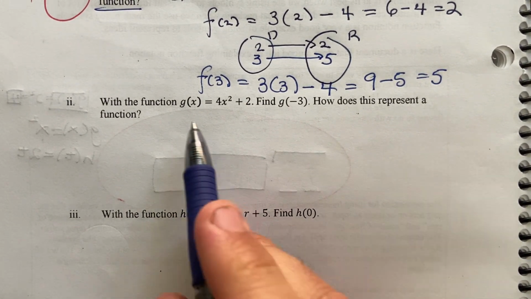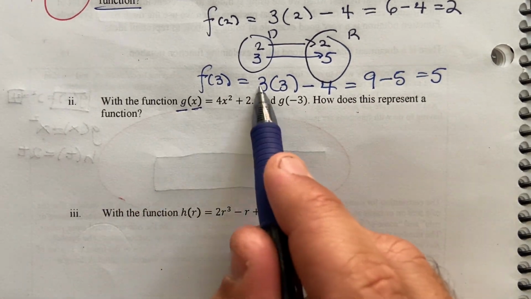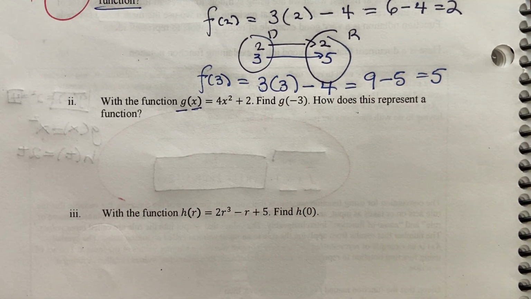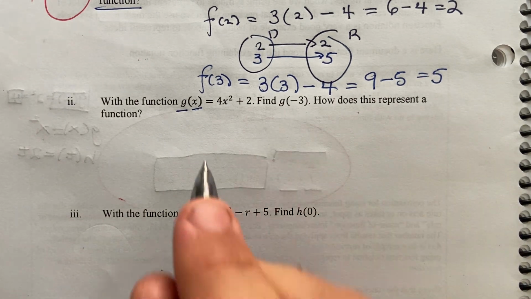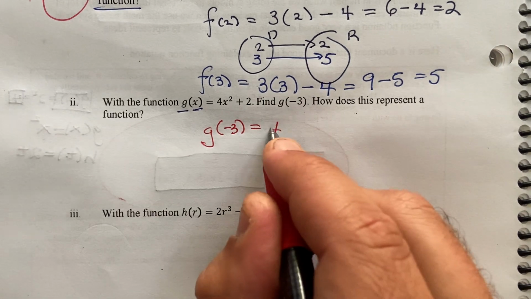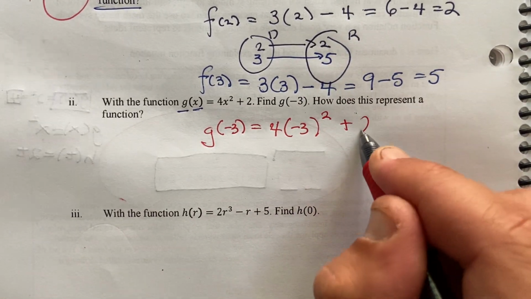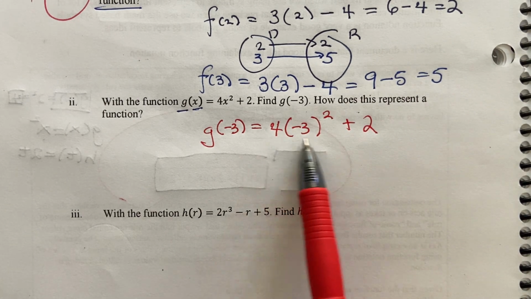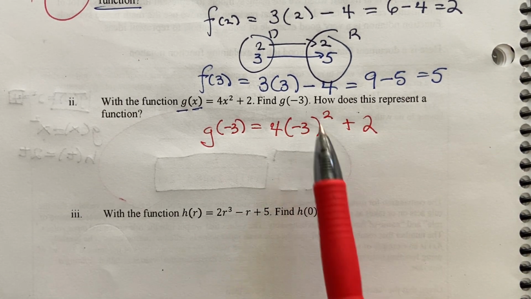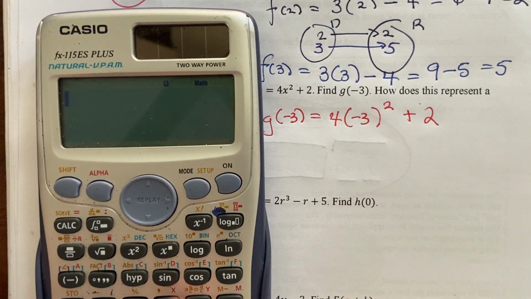Here's another one. So here we have a function named g. Its input variable is x. Here's its rule, and we're being asked to find g of negative 3. So g of negative 3 would equal 4 times negative 3 squared plus 2. And then we perform this rule. I square first. Right, keep in mind I can always type this in here.